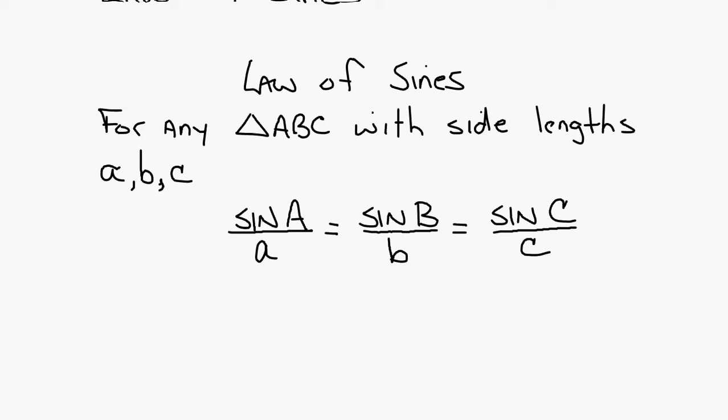The capital letters A, B, and C represent the vertices in the triangle. The small letters a, b, c represent the side lengths of that same triangle.